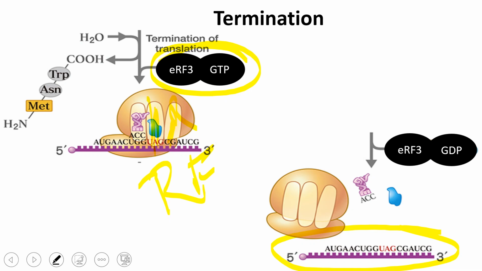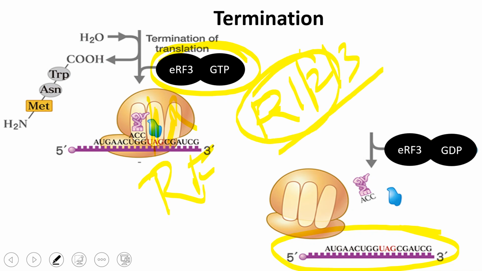The difference between prokaryotic and eukaryotic is that in prokaryotes we have RF1, 2, and 3. Two releasing factors in prokaryotic cells recognize two different stop codons.